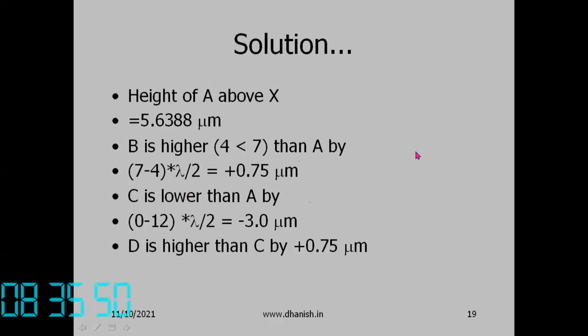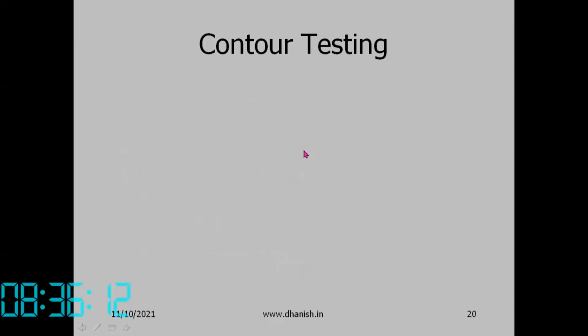So C is lower than A by 12 because we know it is contacting at A, and there are 12 fringes going down. So D relative to A is minus 2.25 micron. Thus, by seeing the pattern of fringes, we can determine the heights of various points on the surface.